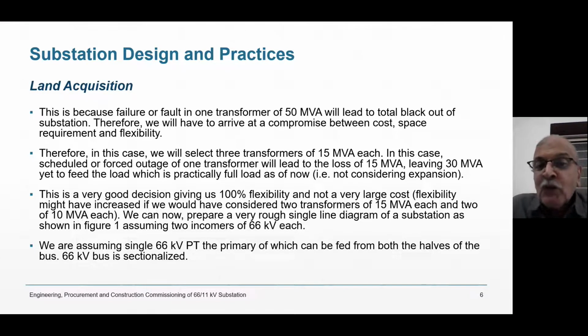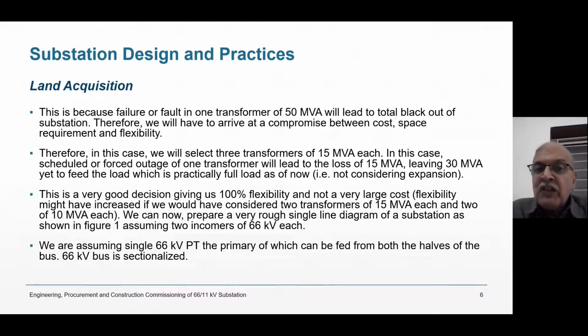So you see what is really happening: if there is a fault in one transformer, 15 MVA is gone and I'm left with 30 MVA. Today's demand itself is 31 MVA. So more or less I'm meeting today's demand if one transformer fails. So to say it is 100% flexibility. This decision gives me that advantage. So I am going for 15 MVA transformers, three of them.